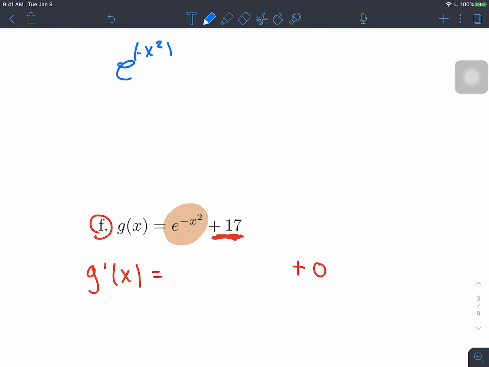Okay, so we want to write this as, I don't know, how about P of Q of X? And then we know that if we do the derivative of that, so let me move that down a little bit.